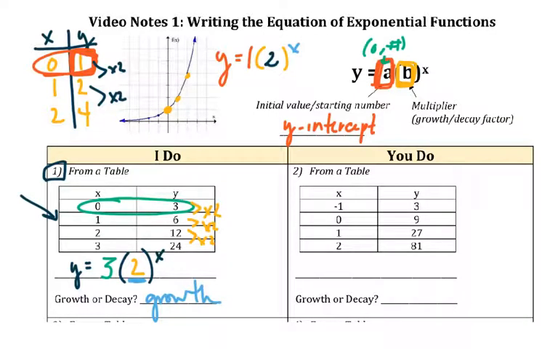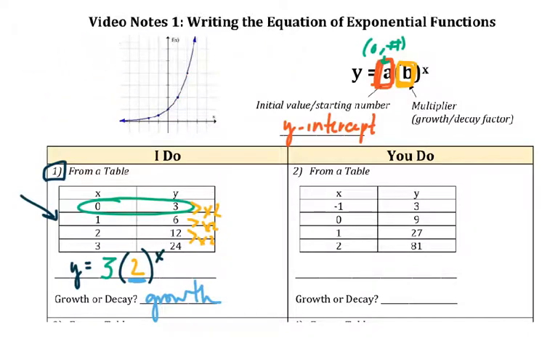Okay, so go ahead and try number 2. I'm going to erase all of this extra stuff so it doesn't confuse you. Keeping it super simple, number 2, step 1, find the a, find the starting number. The starting number, the initial value, is called the y-intercept. A y-intercept is a number behind 0.